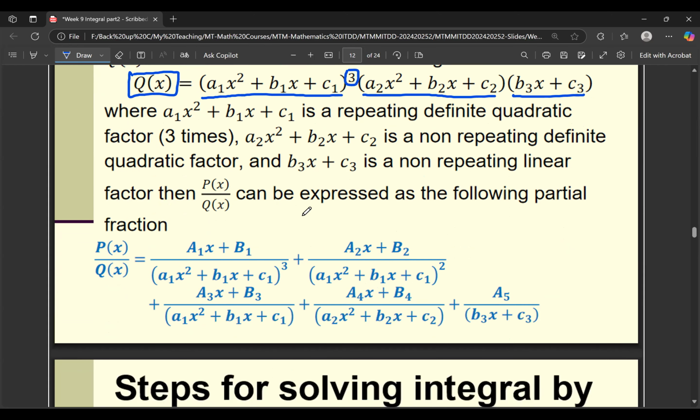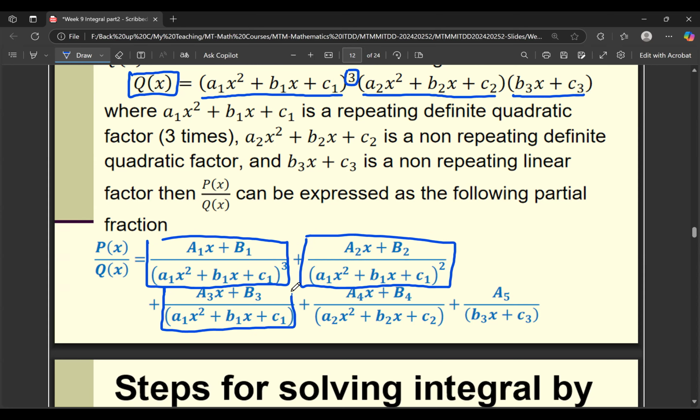These are components 1, 2, and 3, where the denominator is the repeating definite quadratic factor, increasing in power from 1, 2, and 3.